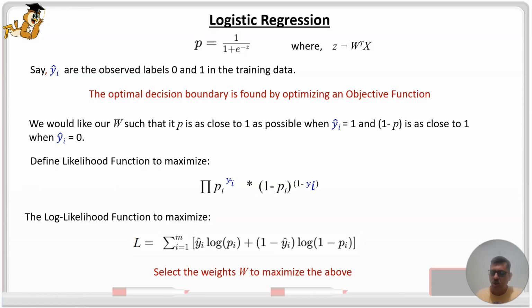What are we going to do? How are we going to set up our optimization? Again, we want to select the weights. Those are the variables in our control. We want to select the weights so that this quantity, I going from 1 to m, where m is the number of points in the training data, you want to maximize.